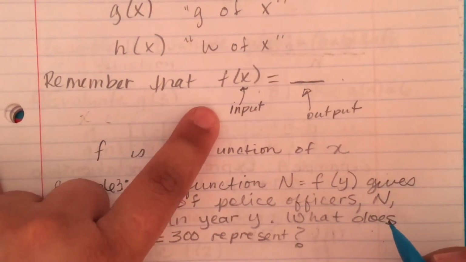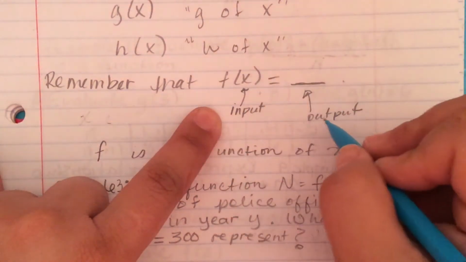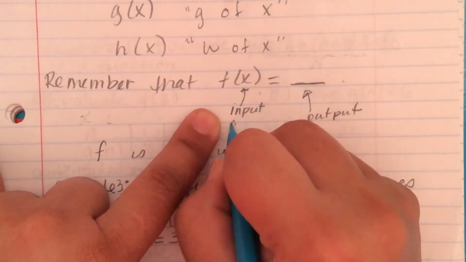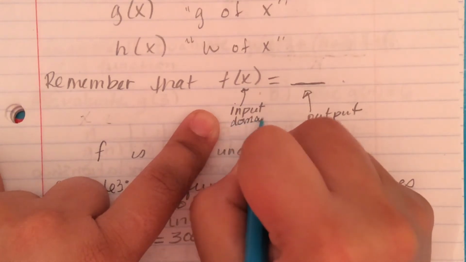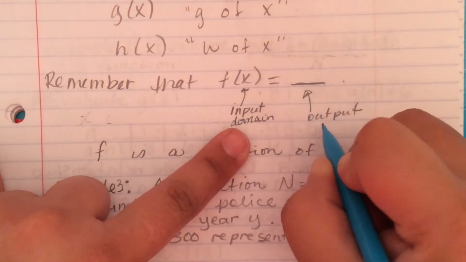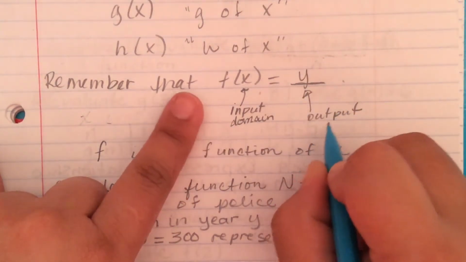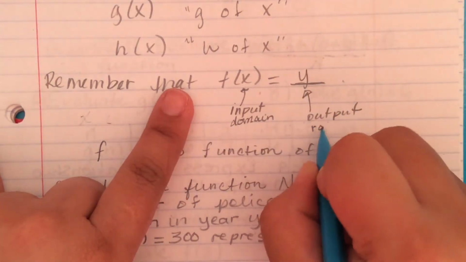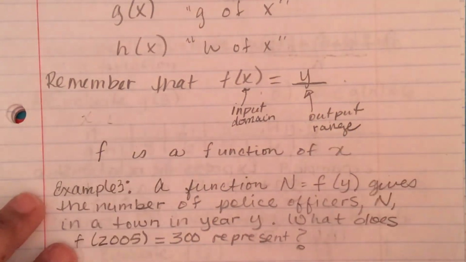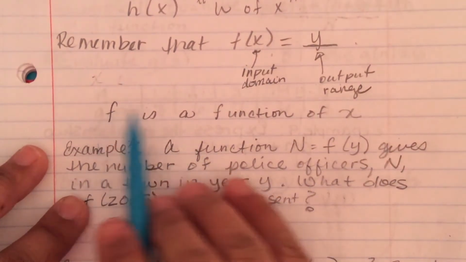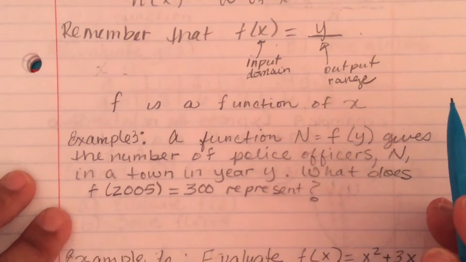Remember that when you have f of x, your x is your input, which is your domain, your independent variable, and your output is your y. So this is your range.